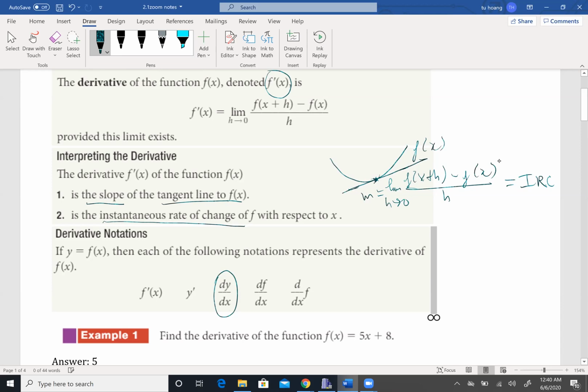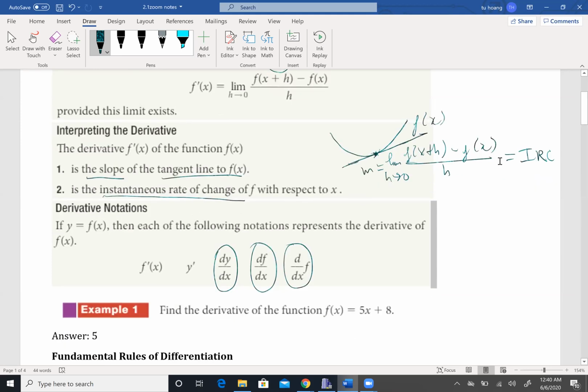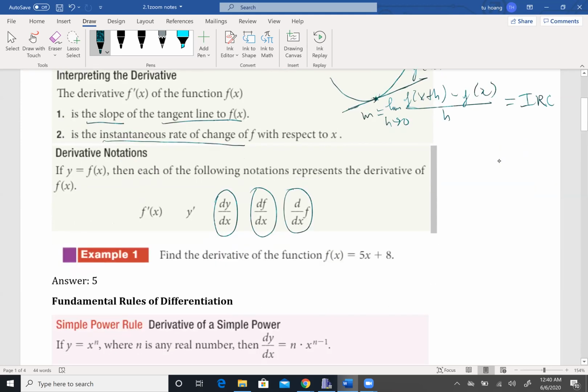It looks like a fraction here, but it actually is not a fraction. It just represents the derivative. So don't think of it as dy divided by dx like a fraction. Okay, now let's do an example.